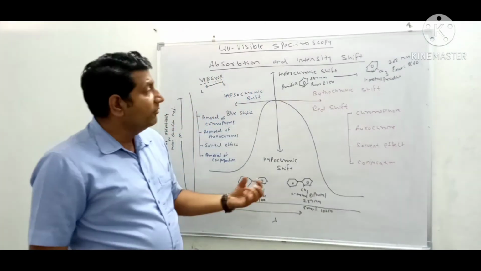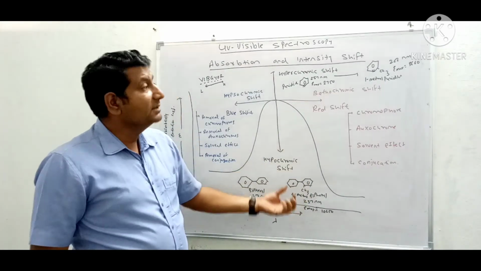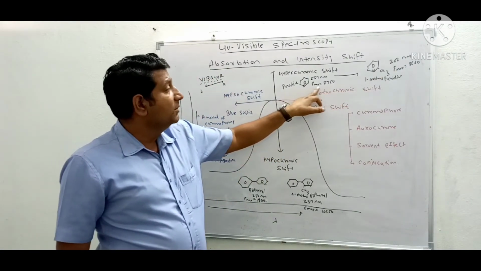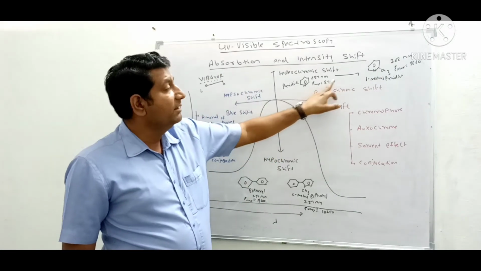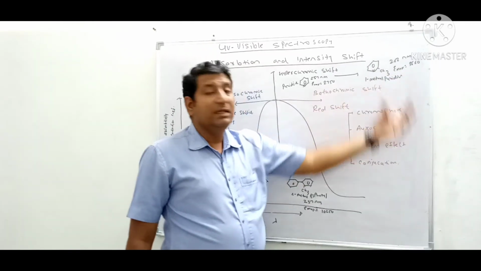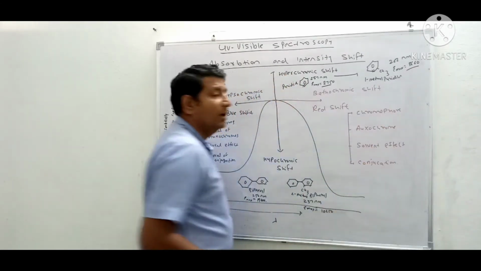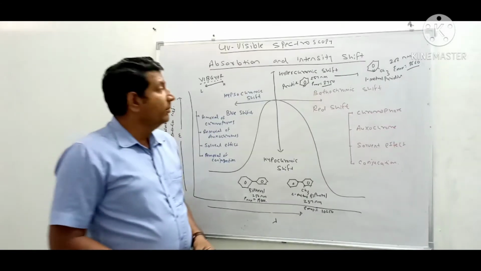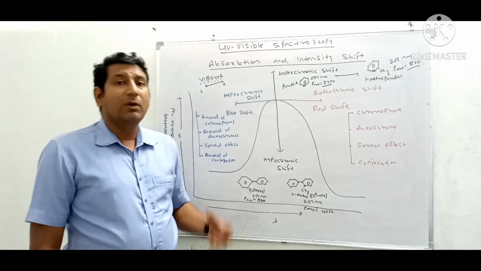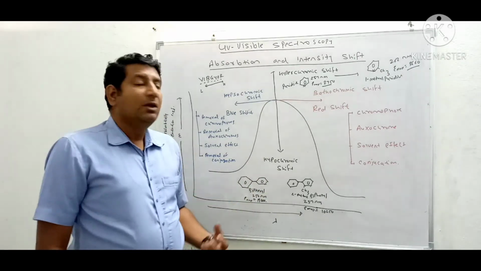So addition of a methyl group increases the lambda max and also increases the epsilon value. The epsilon of pyridine is 2750 and the epsilon of 1-methylpyridine is 3660. This increase in the value of epsilon is due to hyperchromic shift. So in hyperchromic shift, addition of certain groups increases the molar absorptivity or molar extinction coefficient.